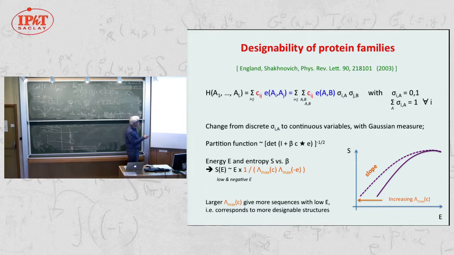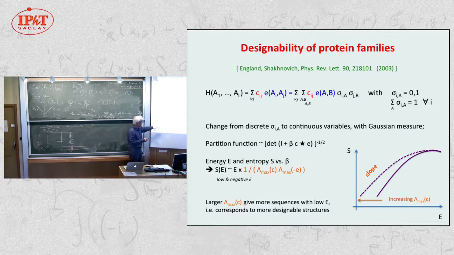Since the temperature beta is here, you can compute the entropy and the energy as a function of beta, and then in a parametric way, you get S as a function of E. So in the very high beta regime, that is very low E, the partition function can be estimated only from the maximal eigenvalues of E and C. And in particular, if you do a calculation, which is elementary, you see that at very low E, you get a linear relation between S of E and E, between the entropy and the energy, and the slope is 1 over the top eigenvalue of the correlation matrix, times a constant. It does not depend on the correlation matrix, right?